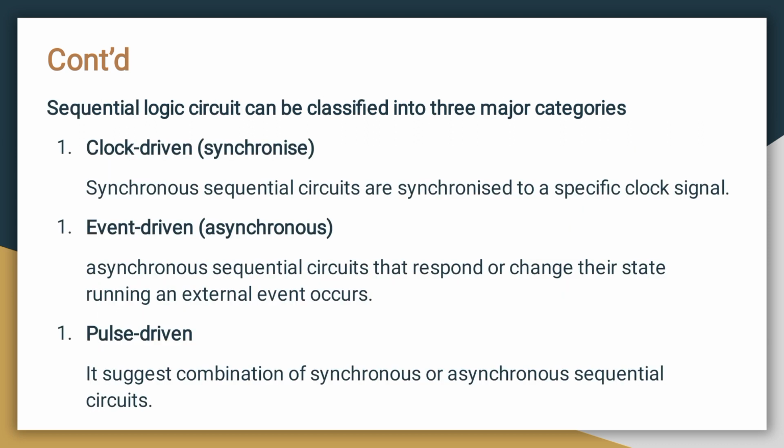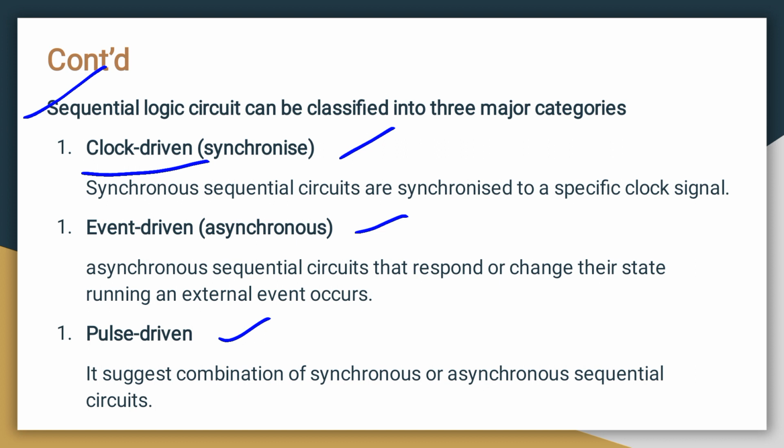The sequential logic circuit can be classified into three major categories. The first one is synchronous, the second is asynchronous, and the third is pulse driven. Synchronous means the circuit is driven through the clock, so according to a clock change, pulse change or trigger change, it changes the state of the circuit.